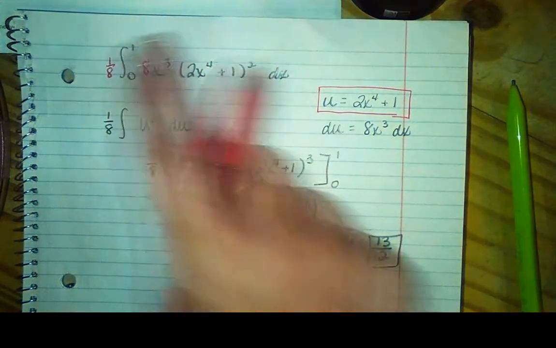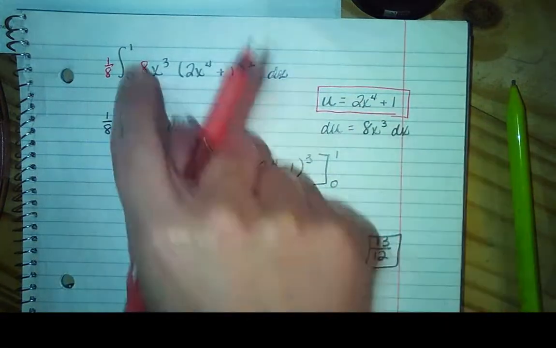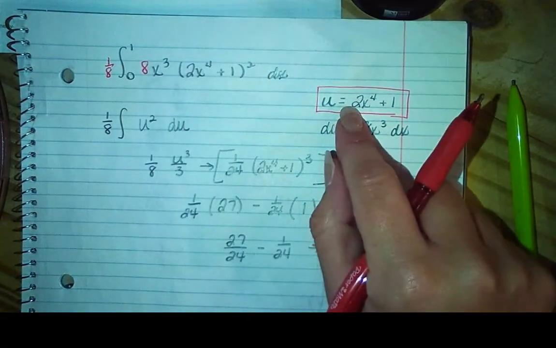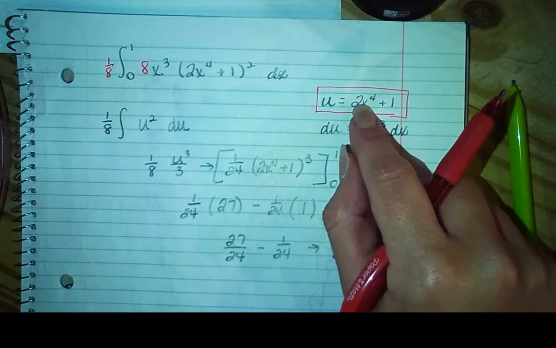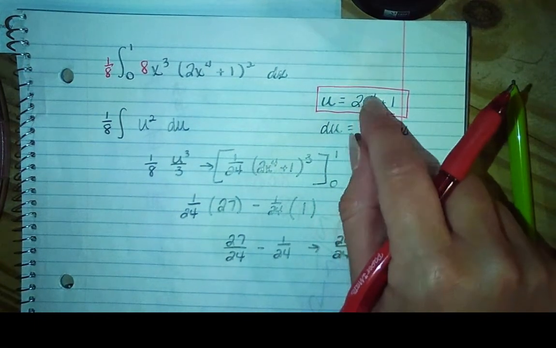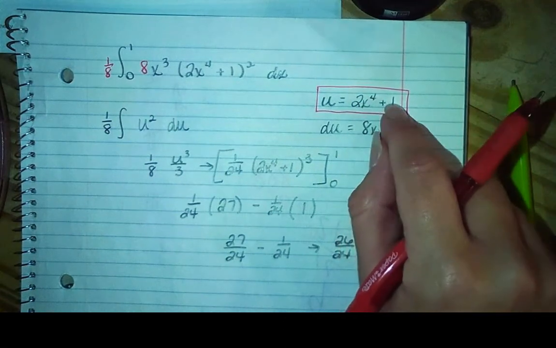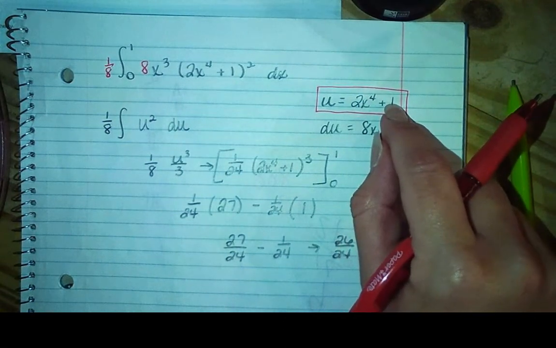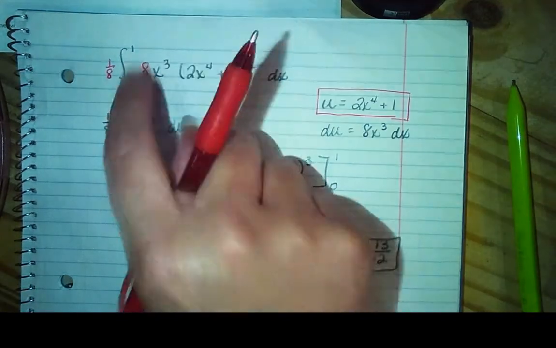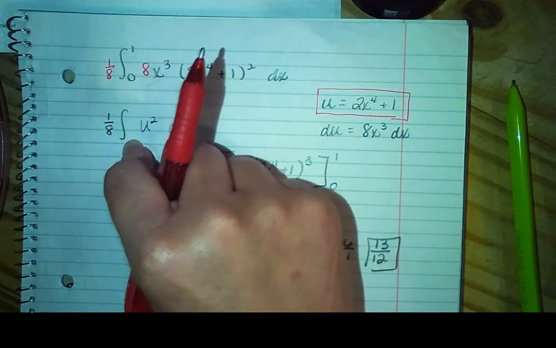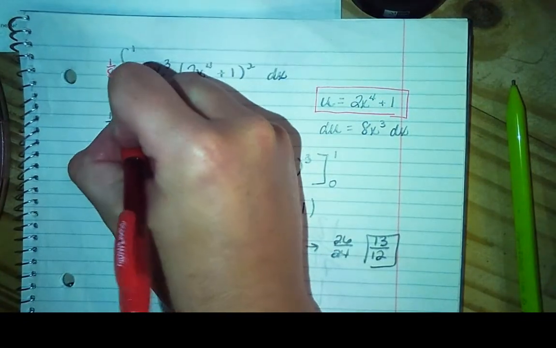So if I evaluate this at 1, which is my upper limit of integration, so 2 times 1 to the fourth is 1. 2 times 1 to the fourth plus 1 is 3. So my upper limit of integration in x world is 1. My upper limit of integration in u world is 3.